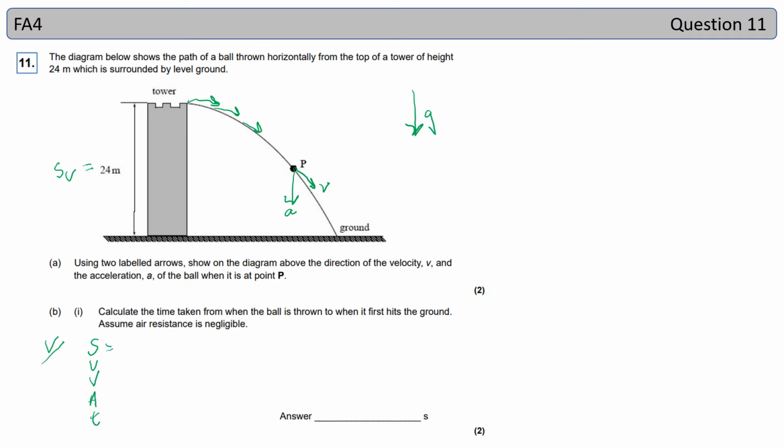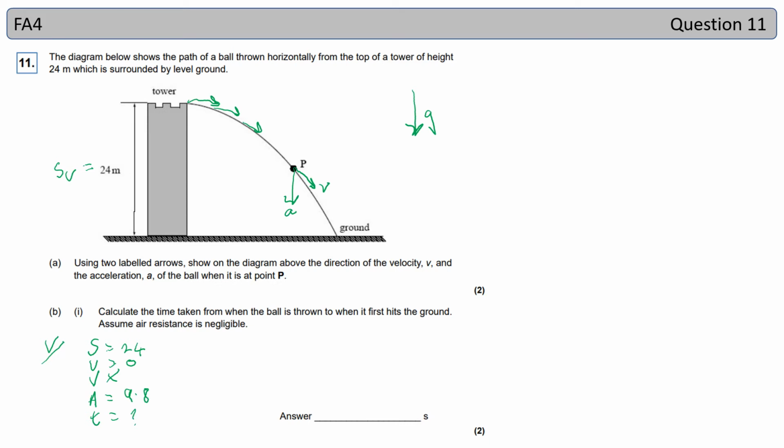We know that the height is 24 meters. We know its initial velocity in the vertical is going to be 0 because initially it's projected horizontally. We don't know what our v is. We know that our acceleration is 9.8 and t is what we are looking for.